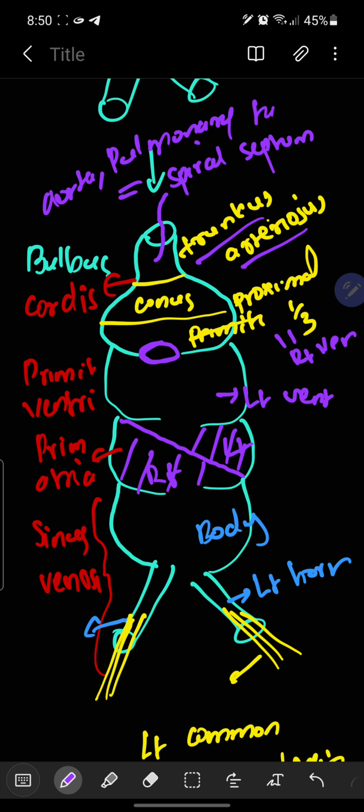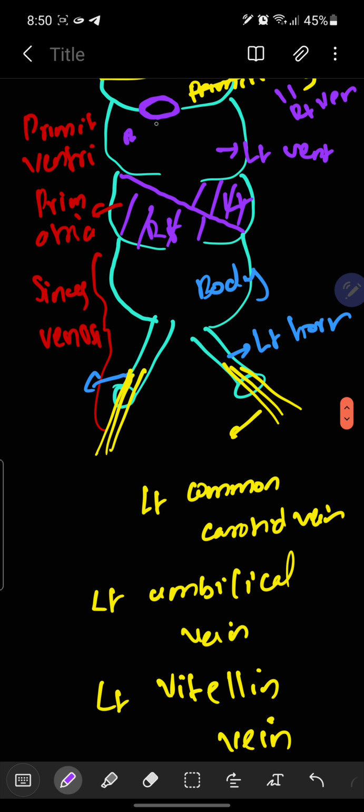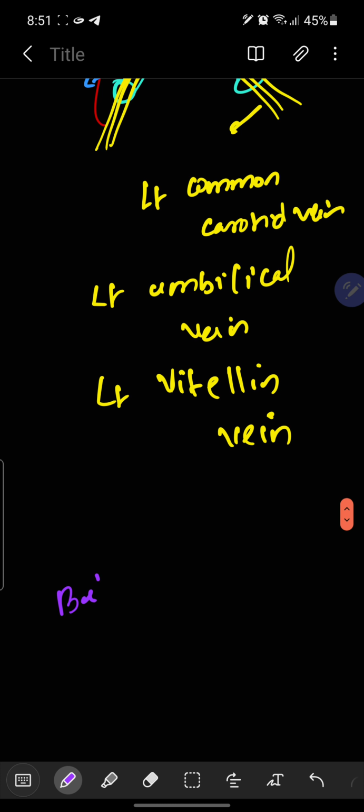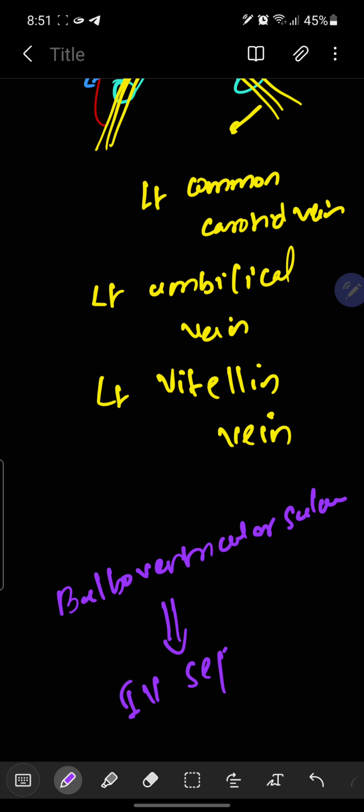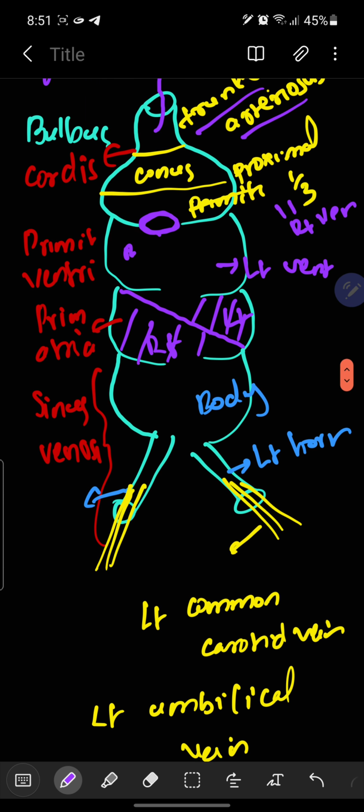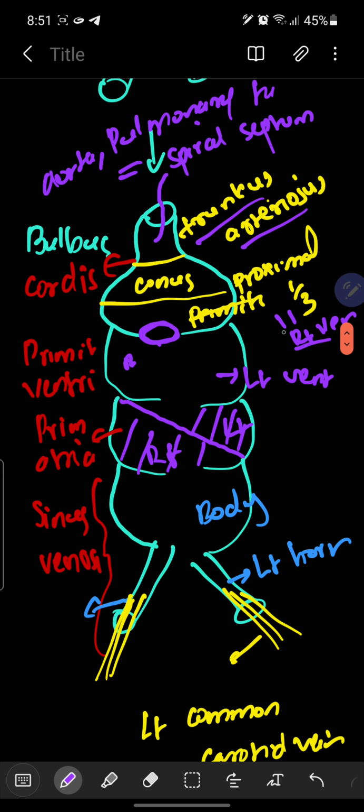Look at this one, it is called the bulboventricular sulcus, which will eventually develop into the interventricular septum, because here right ventricle will be formed, and from this segment left ventricle will be formed, so a septum will be developed from here. The conus part will develop into infundibulum of left and right ventricle.